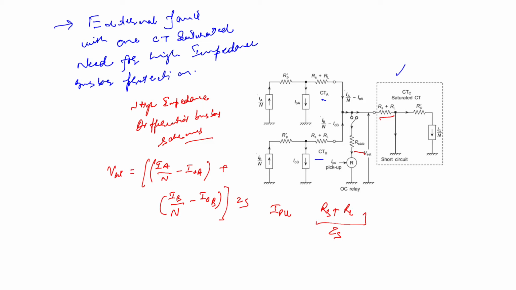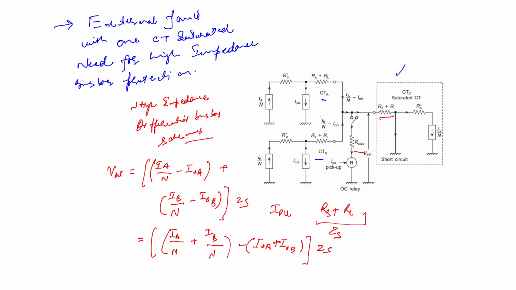So finally, after simplification, this V set equals IA by N plus IB by N, minus I naught A plus I naught B, into ZS.